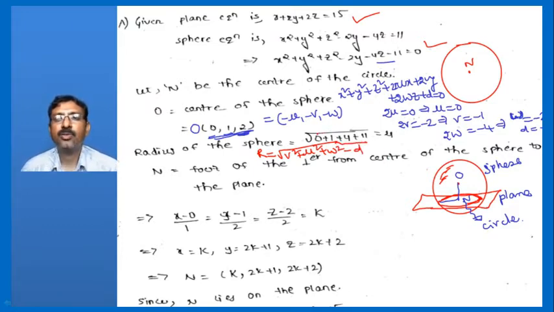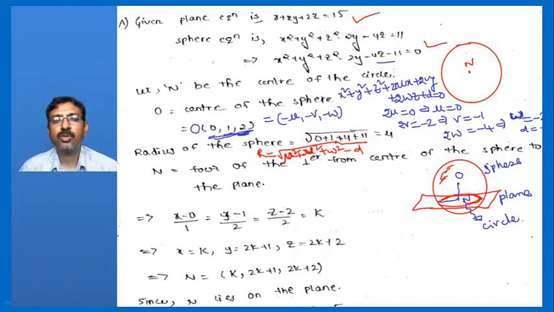Here u is 0, u square 0, v square 1, w is minus 2, w square 4, and d equal to minus 11, minus d equal to plus 11.